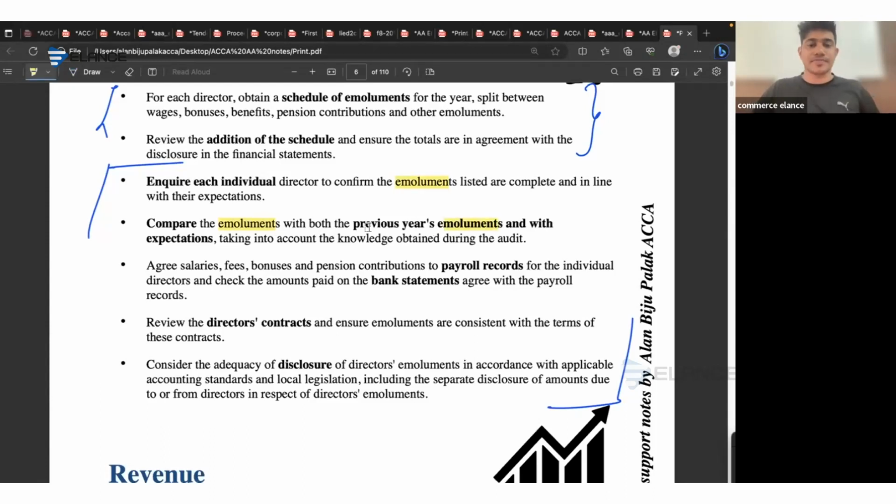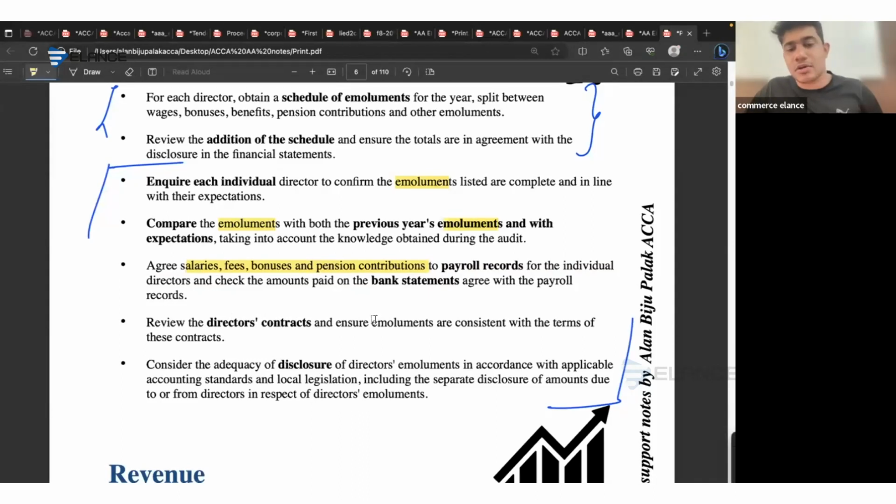Say, for example, if you're getting a question on pension contribution, then compare the pension contribution with the previous year's contribution and with the expectation, taking into account knowledge obtained during the audit. Agree the pension contribution to the payroll record for the individual director and check the amount paid on bank statements. Agree with the payroll record.